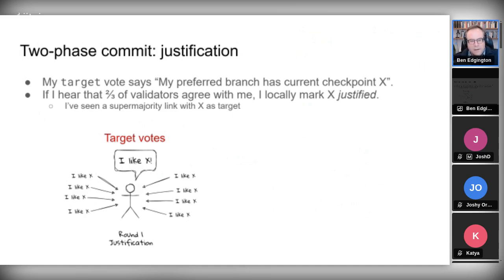So when I make an attestation, I'm saying I like X as the target vote, and I'm receiving from other validators their attestation, their target vote, and they're saying they like X as well. So as long as more than 2/3 of them agree with me, then I justify that checkpoint X.